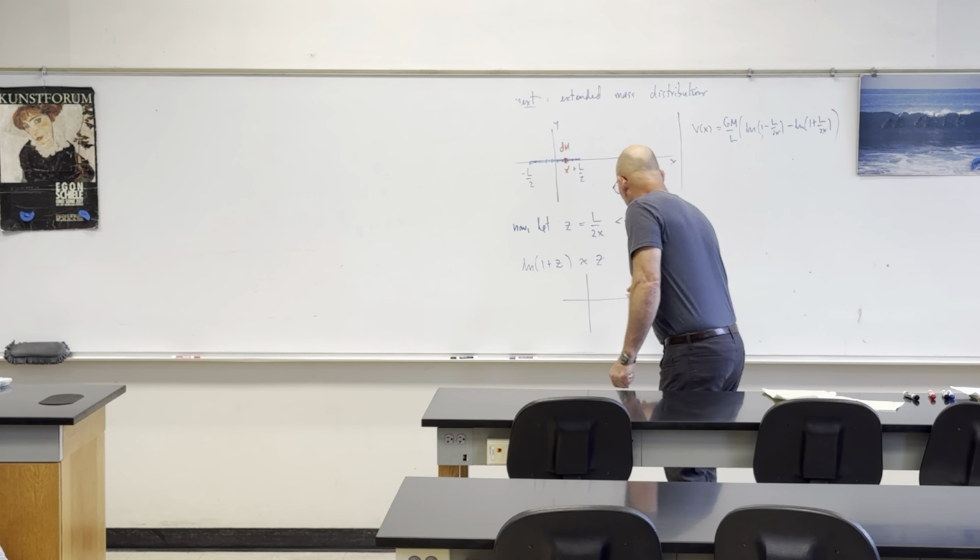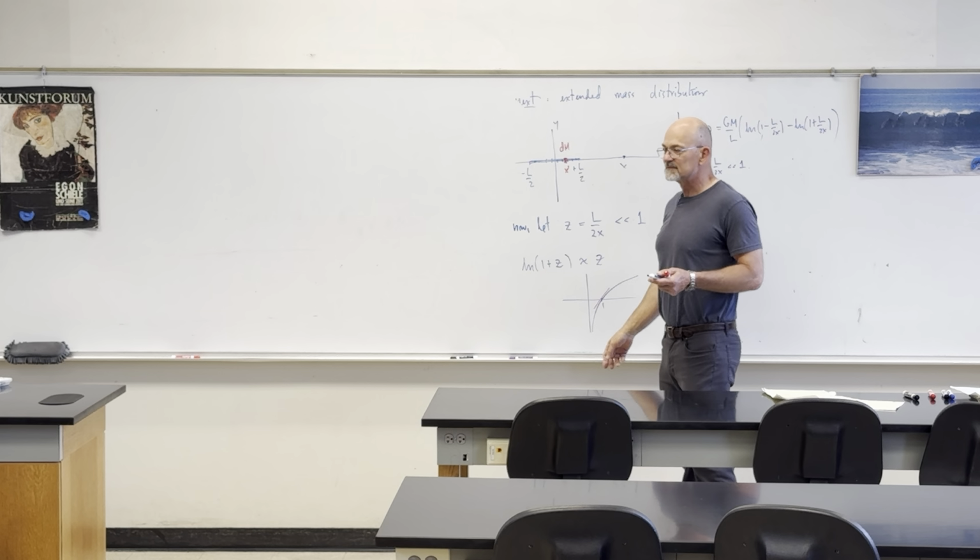This Taylor approximation really is just saying that the slope is equal to 1 at that point. So we were able to make short work of this. So for, again, L over 2x much less than 1, which means we're at a great, what does that mean? It means we're at a great distance, a distance that's much, much greater than L.